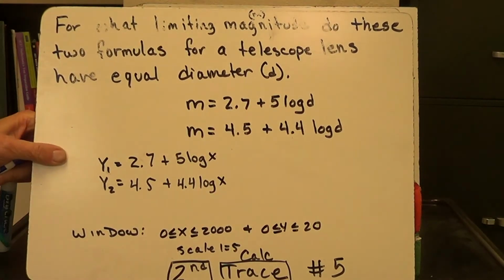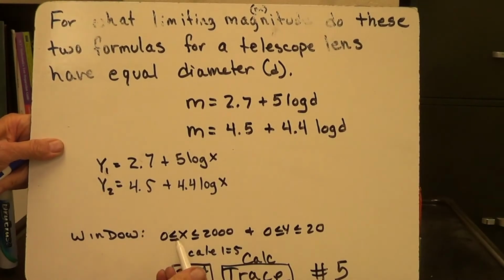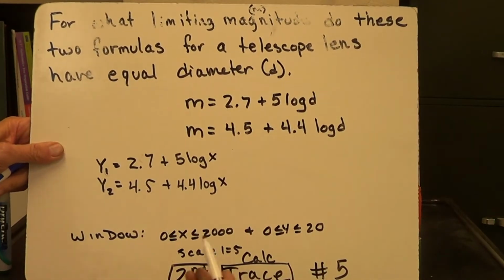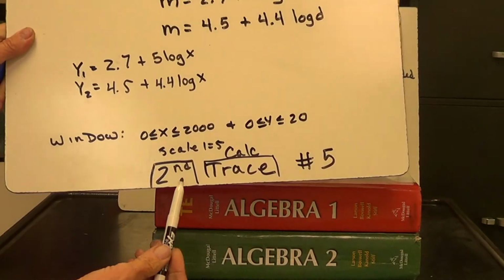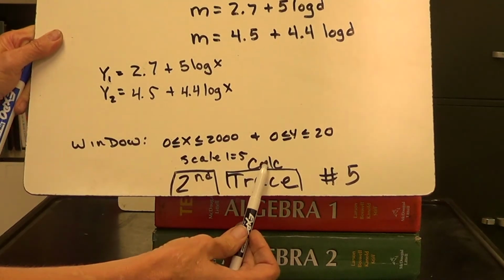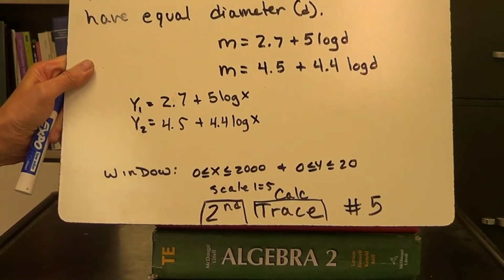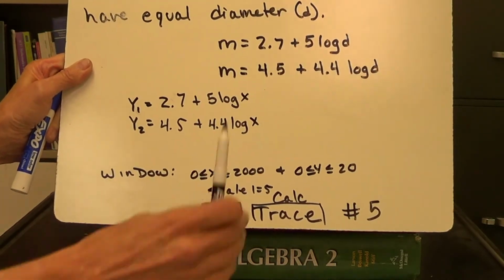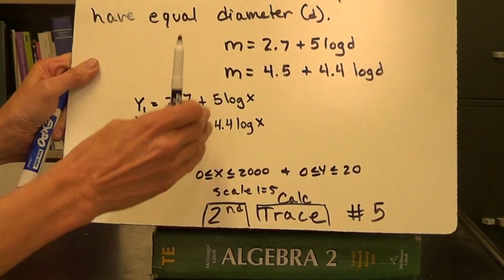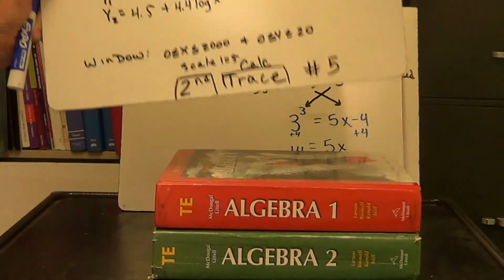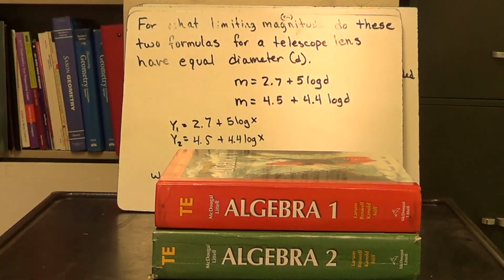Then set your window at x between 0 and 2000, y between 0 and 20, with a scale of 1 to 5. Hit second trace, which will get you to the calculate menu, and go to number 5. It will tell you right where they intersect, and that tells you for what diameter you have equal amounts. Try that out. Come to class with your questions on it.